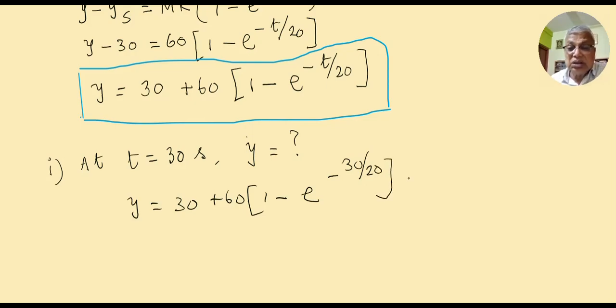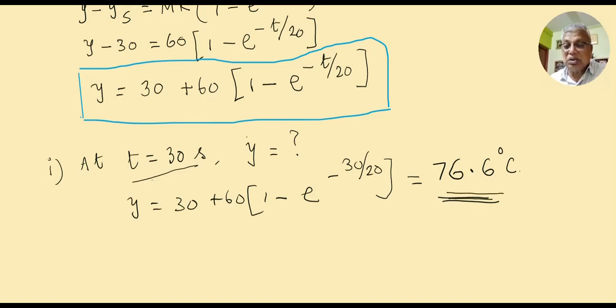If you solve this, the answer is 76.6 Celsius. So this is the answer for the first question: at t equal to 30 seconds, the thermometer reading y is 76.6 degrees Celsius.